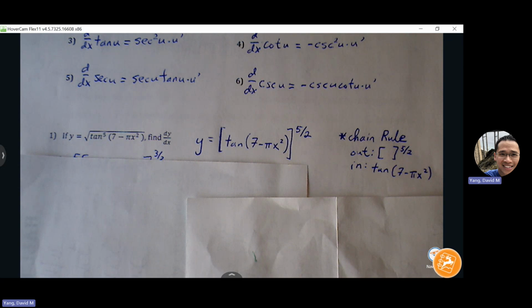So outside derivative first, 5/2 parentheses to the, what's the new exponent? 3/2, yeah.